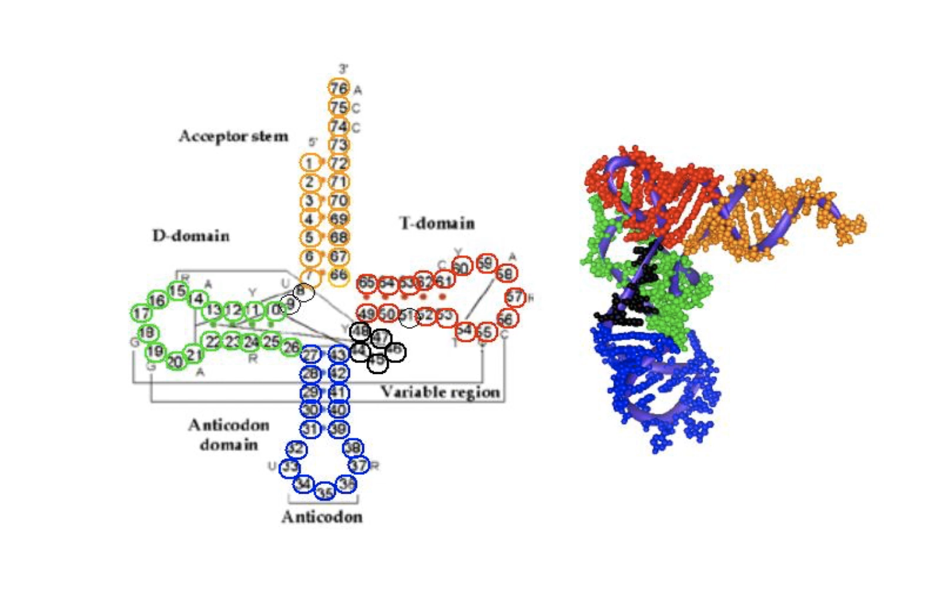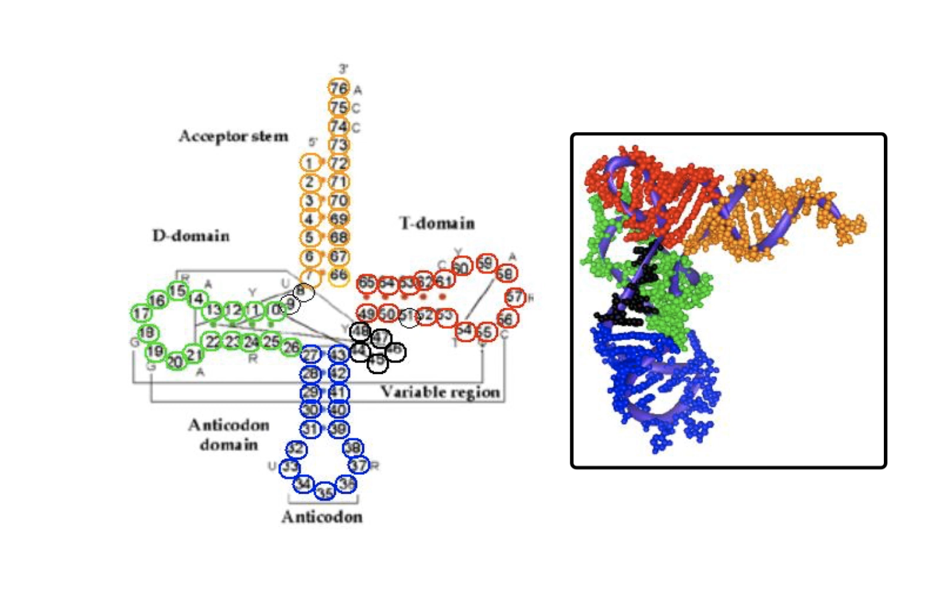And as I stated in a previous video also, there are these long-range interactions between the D and the T domain, as well as the D domain and the variable region. And these are indicated by these lines where you have hydrogen bonding, bringing those regions together. In the three-dimensional structure over here, you can see where those domains exist in the tRNA.